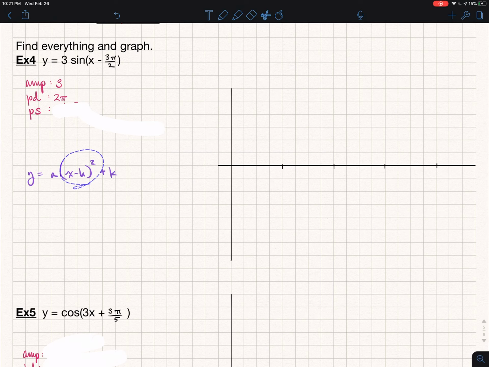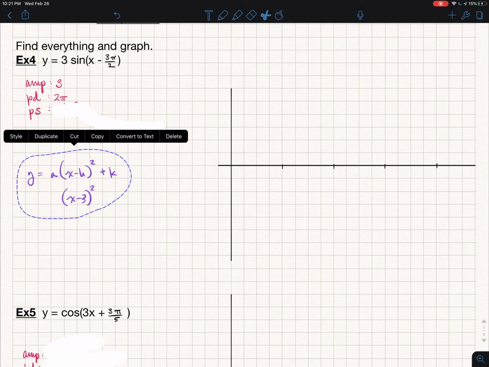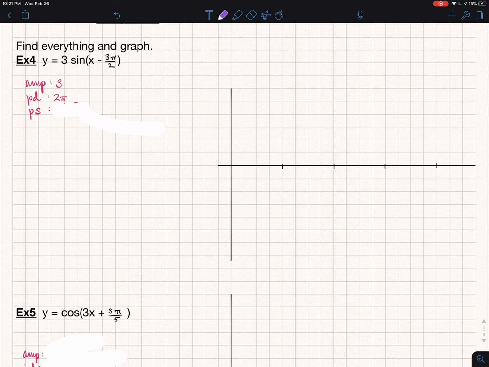Do you remember that this piece told you to move right and left, but it was always backwards from what you expected? If it had said x minus 3 quantity squared, we would have moved to the right 3. Well, that's exactly how this is going to work for trig. So what we have here is that we're going to move to the right 3 pi over 2, my d value. You must show me the direction, not a pos neg. You must show me the direction as well as how far you're going.